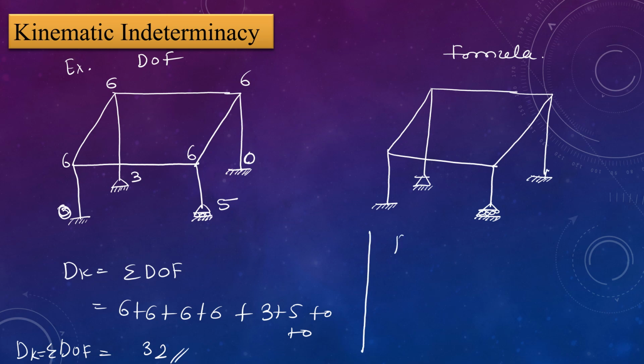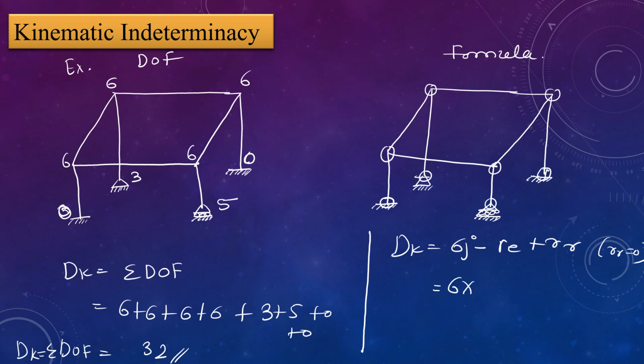The formula for Dk is 6J minus Re plus Rr. Here internal release is not present, so the Rr value is 0. Then joints: this is the first joint, second, third, fourth, fifth, sixth, seventh and eighth joint.